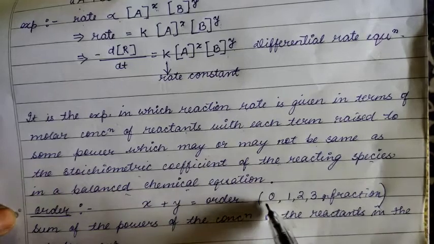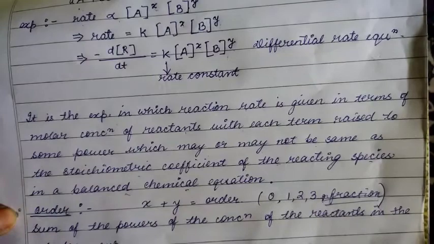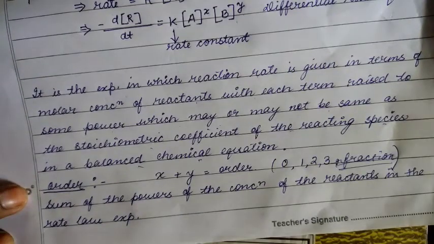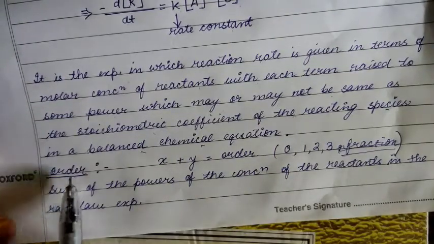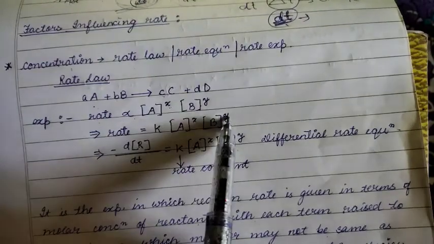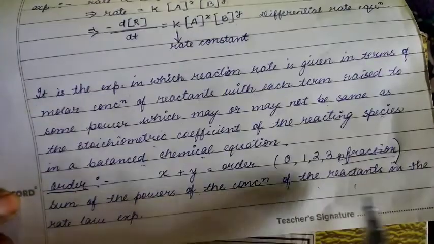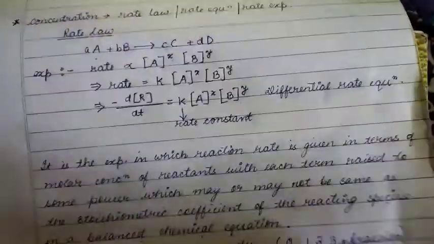So it can be 0, 1, 2, 3 whole numbers, or it can be a fraction. I hope this is clear. Now you see what is order? Sum of the powers of the concentration of the reactants is called the order of a reaction, and it is found in the rate law expression.